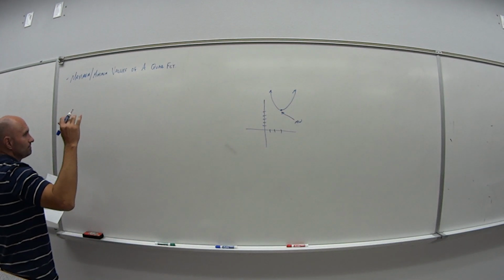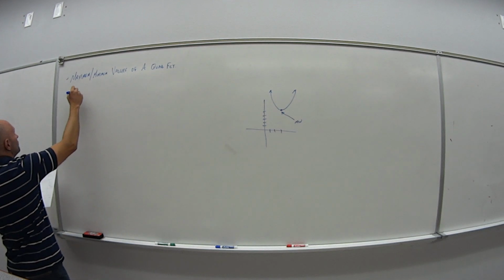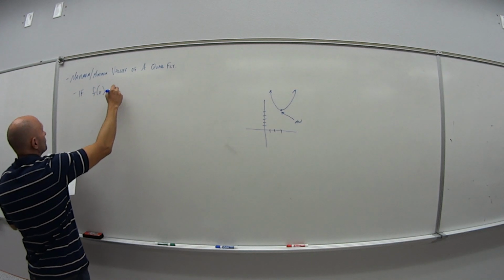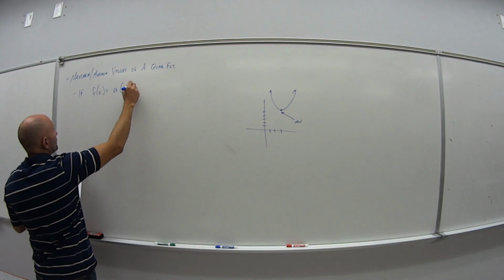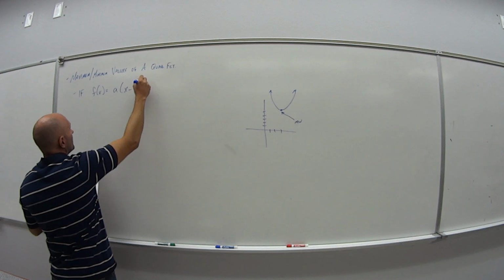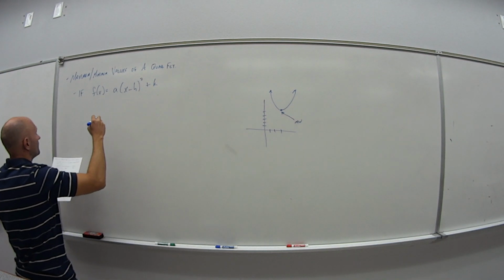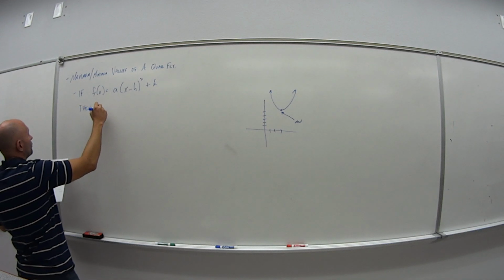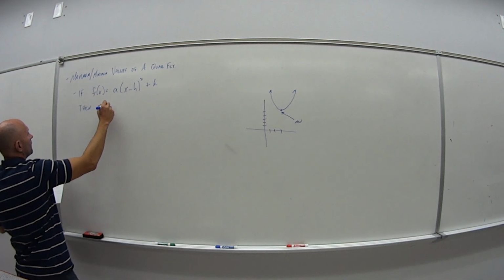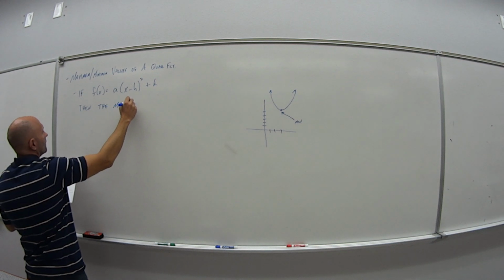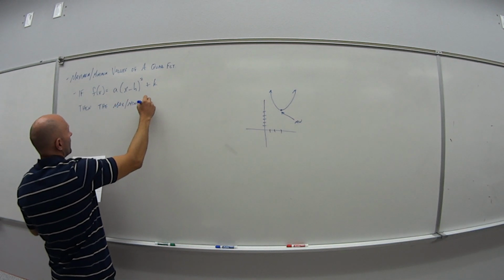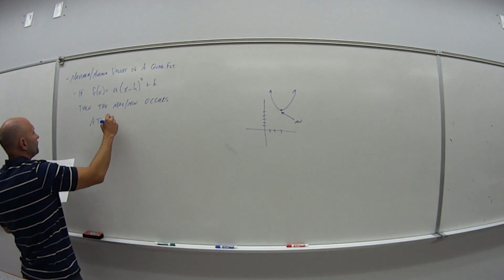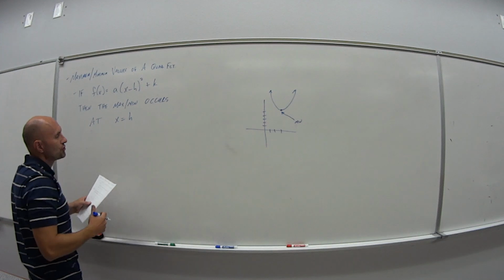So that's the information we can use to say that in general, if f of x is equal to a quadratic function in standard form, a(x minus h) squared plus k, then the max or min occurs at our value of x equals h.